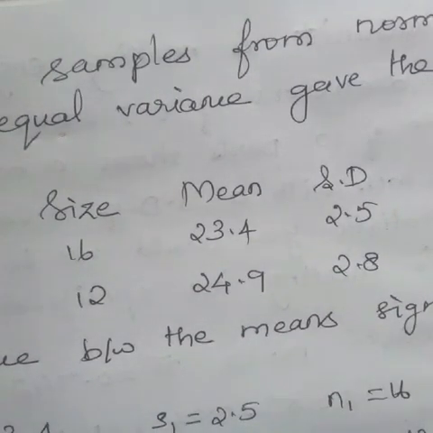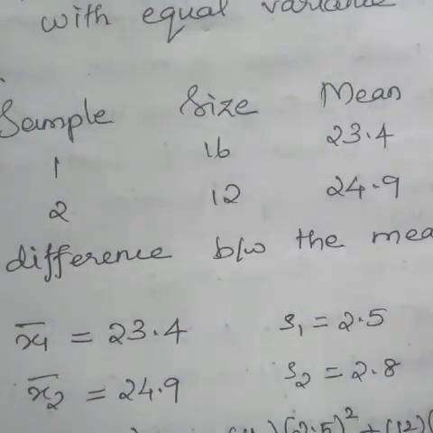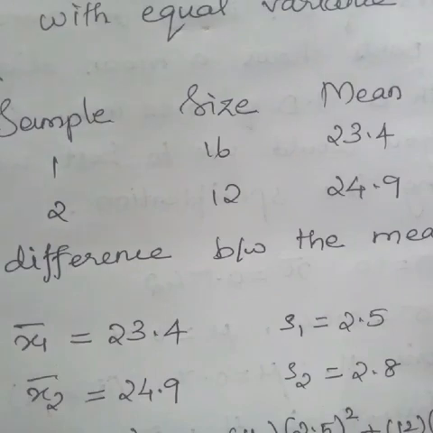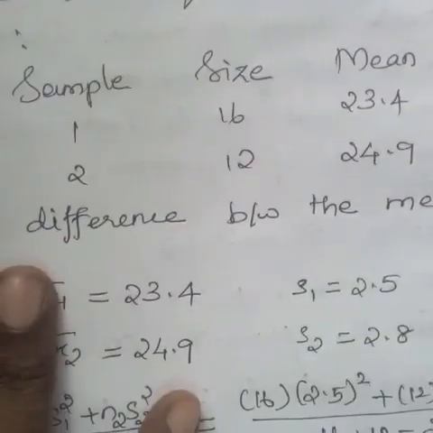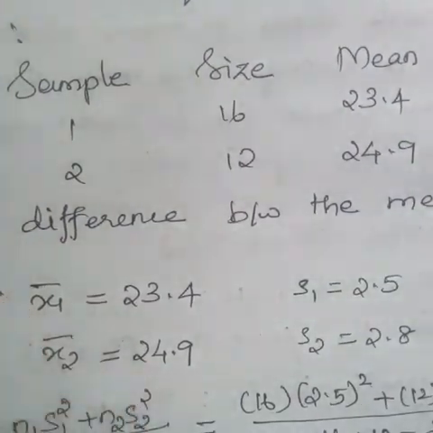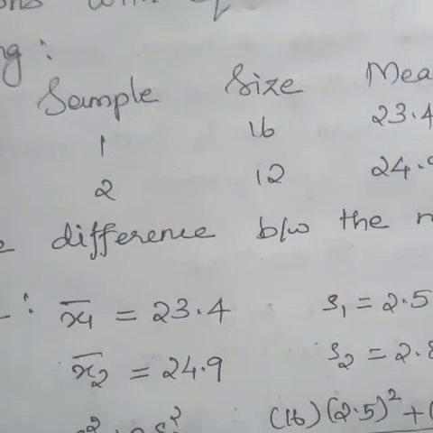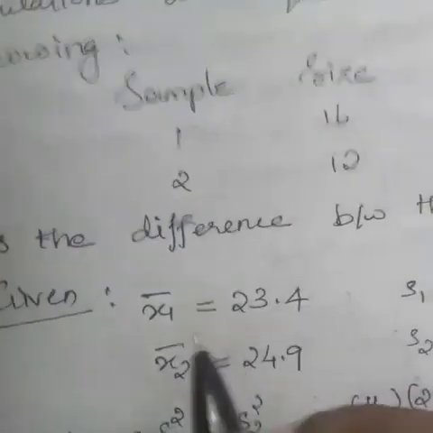Now the question is, is the difference between the means significant? That means the two means are equal or not equal. That means, do they come from the same population mean or not? Now we see the solution.